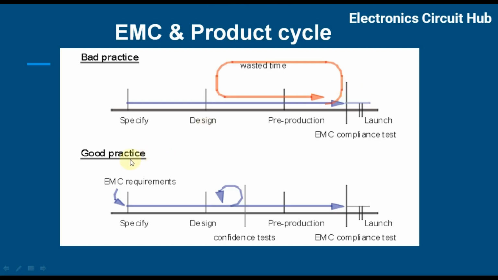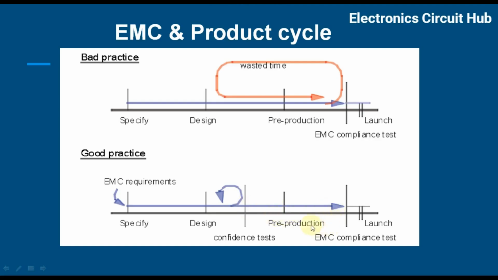What is the good practice? Good practice is you have to specify your EMC requirement at the early stage of the design, at the requirement stage, then you have to design for EMC. You have to design your product for EMC requirement and test it here and iterate it here if you have some findings, and then go for the pre-production and launch.